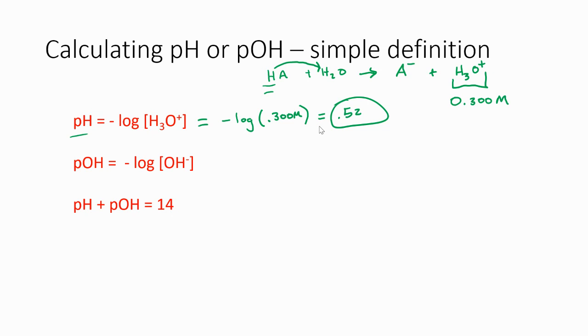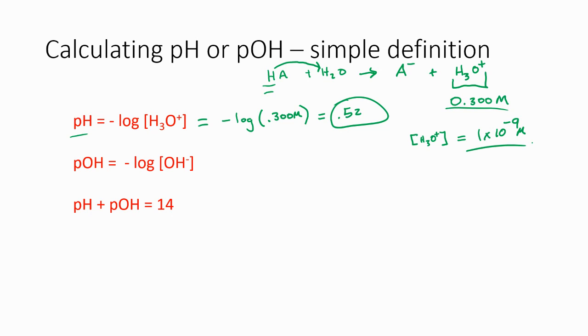Let's talk about logs a little bit. I know you've seen them in math class, but let's say that I had a solution that wasn't this concentrated in H3O plus, but let's say I had a solution where the H3O plus concentration was 1 times 10 to the minus 9 molar.